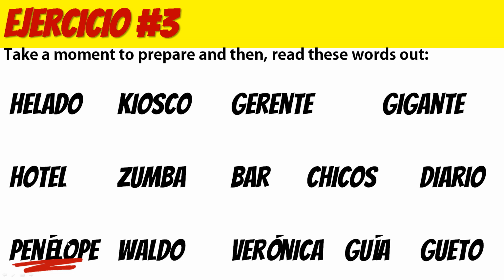Notice this thing on top. Most people call it acento. Technically, this is not acento, this is tilde. But well, for practical purposes, just go with that. This means that this part of the word is stronger. I mean, the emphasis in pronunciation, when we say the word, falls here. So I would say Penélope.